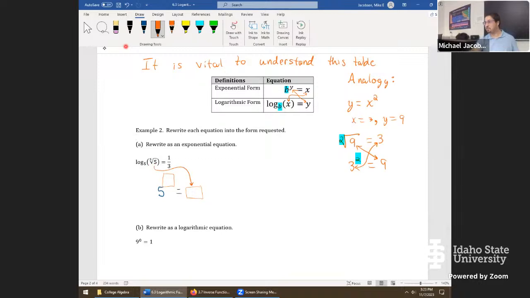I'll leave the arrow stand on this one. So cube root of 5. Oh, and I did that backwards. Let me try that again. Cube root of 5 would go right there. Then the 1/3 has nowhere else to go. It's going to drop into this location. And it reads now, 5 raised to the power of 1/3 is the cube root of 5.